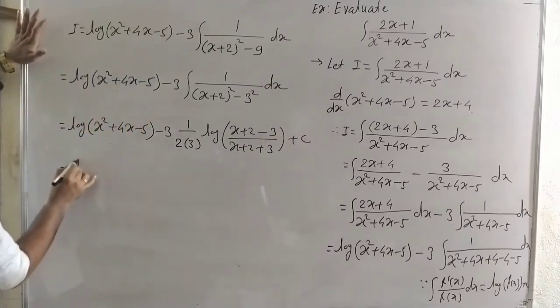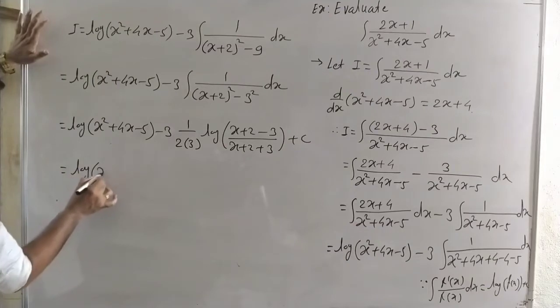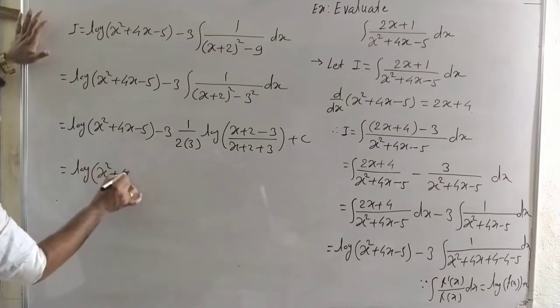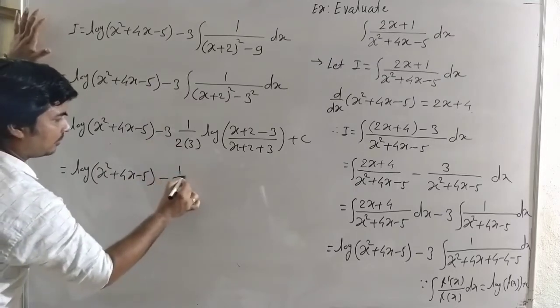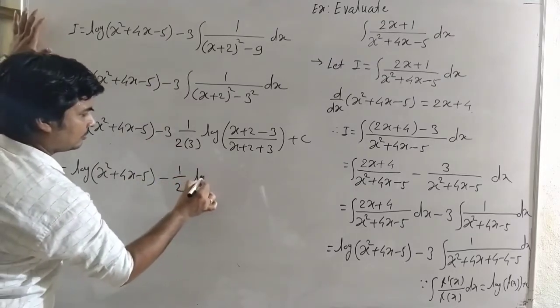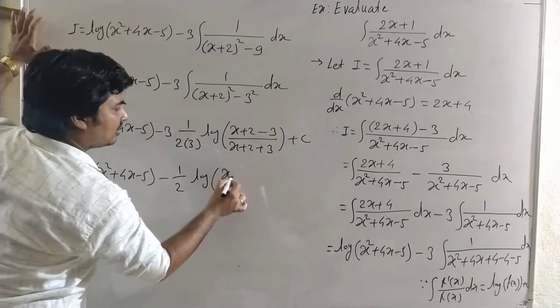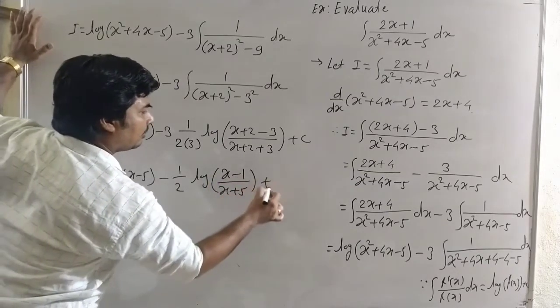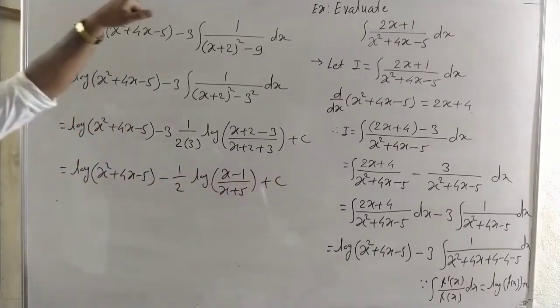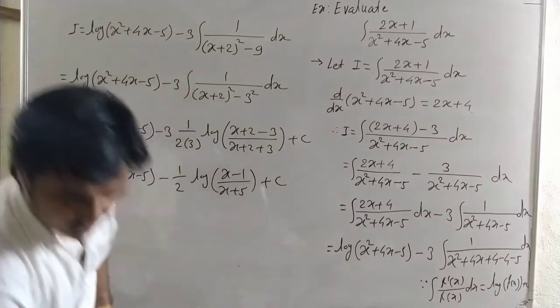And then it is the last answer: log of x square plus 4x minus 5, minus 3 gets cancelled, it is 1 by 2 log of x minus 1 upon x plus 5, plus c. It is the last answer of this. Okay. Now we see the next example.